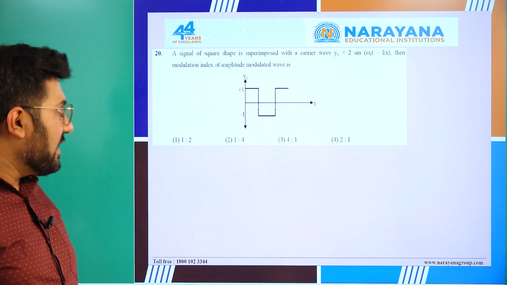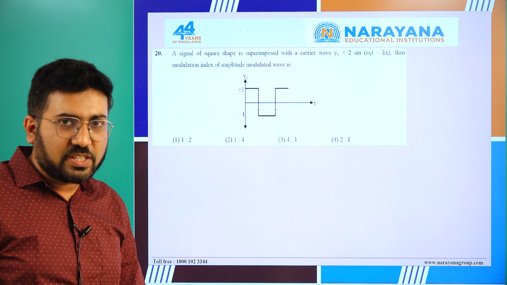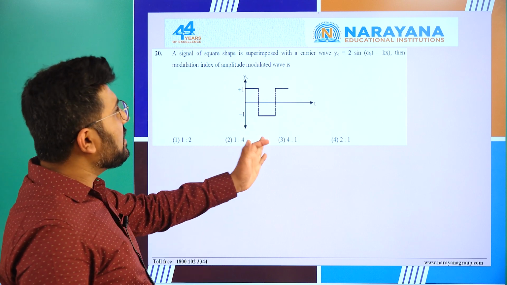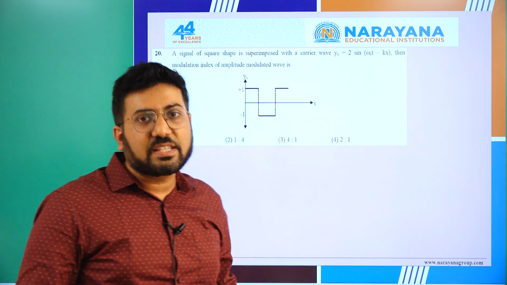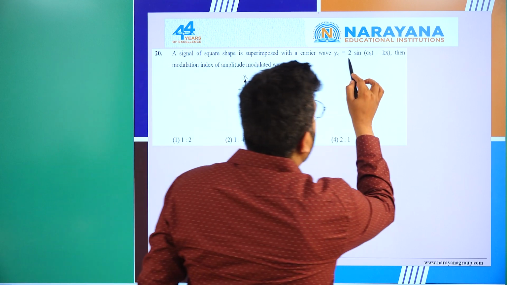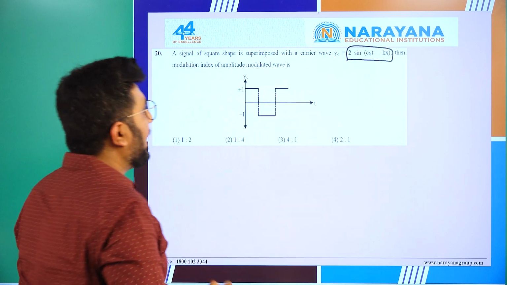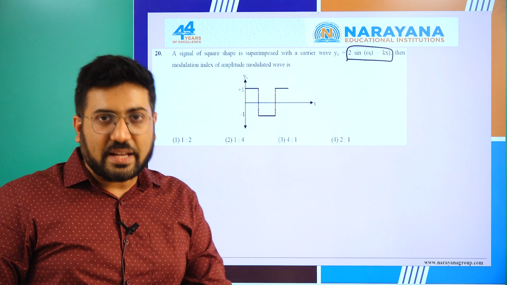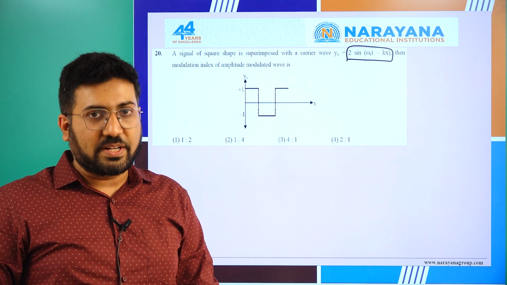In this question, we have been given a signal wave, which is a square wave, and it is superimposed with a carrier wave. The carrier wave is given to you as 2 sine omega ct minus kx. Then what is the modulation index of the amplitude modulated wave?